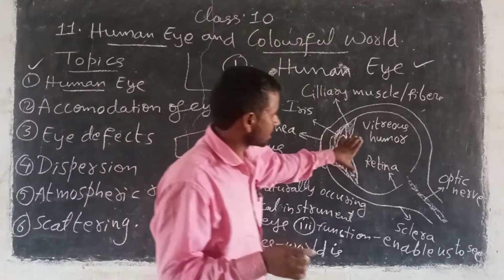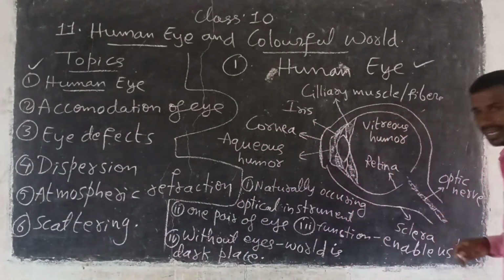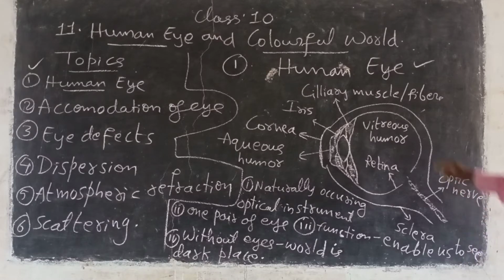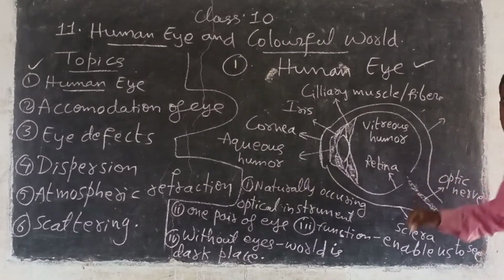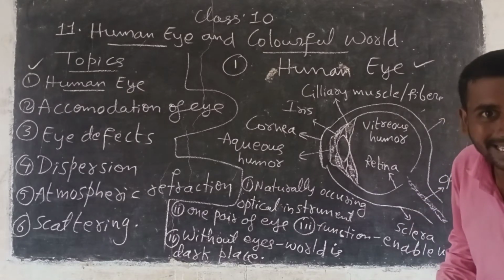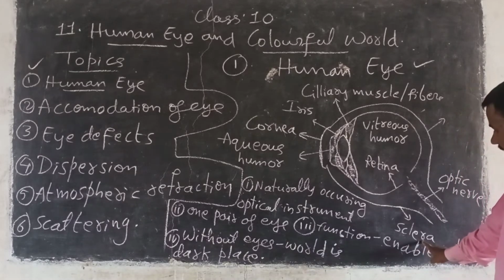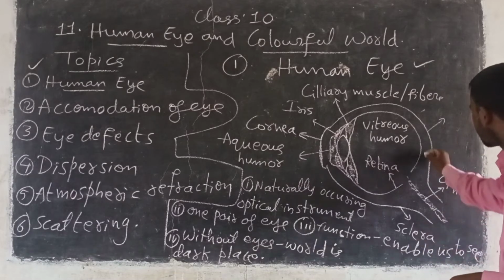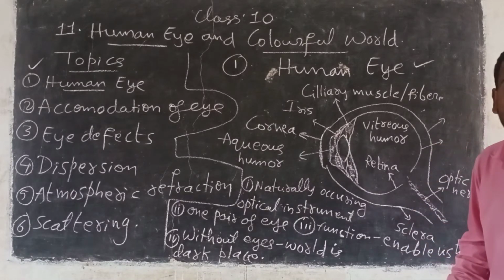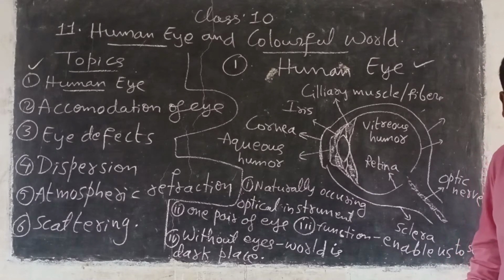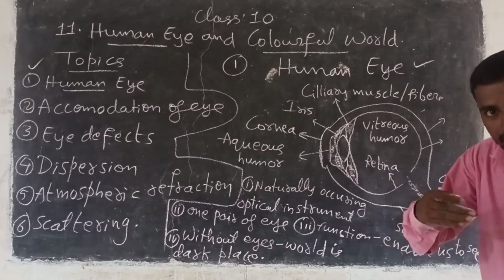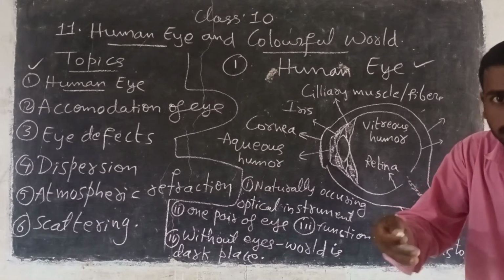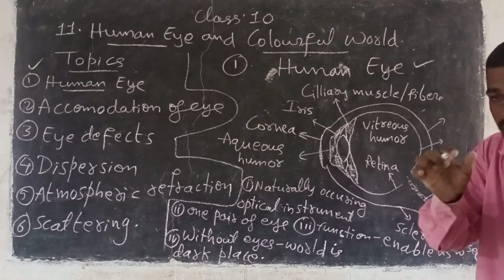Concentrate. Very clearly, this is the eye. Actually, two layers are there. Upper layer name is sclera. I wrote sclera downside. And the inner layer is choroid. I have written it here. I will explain one by one after.